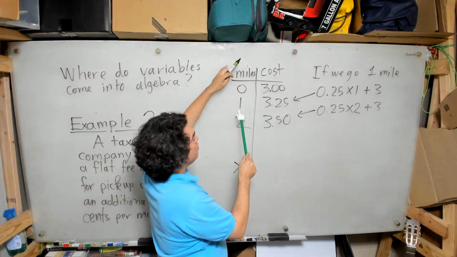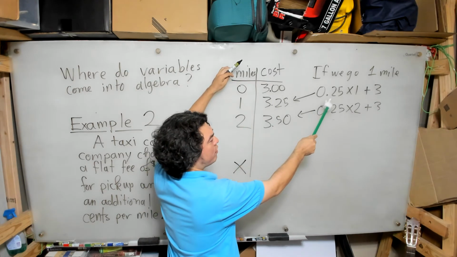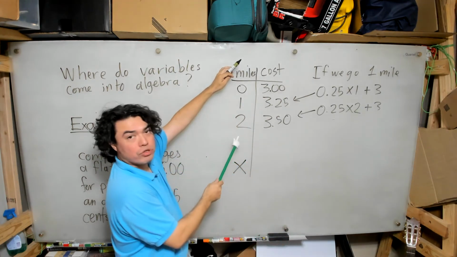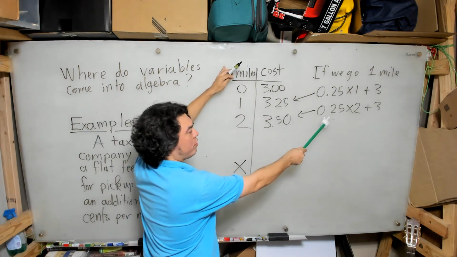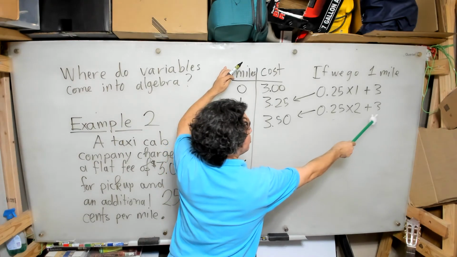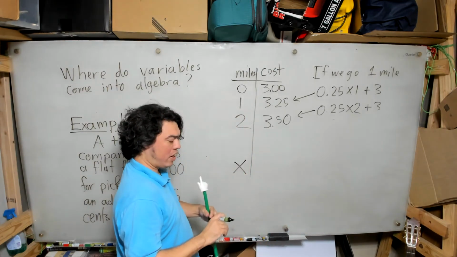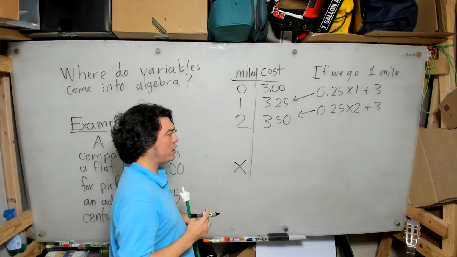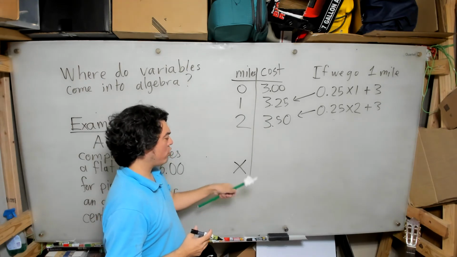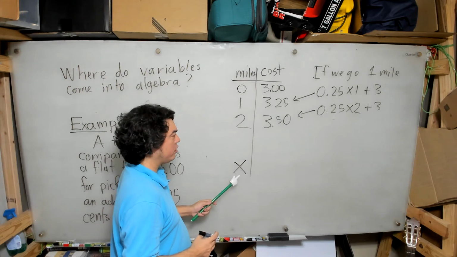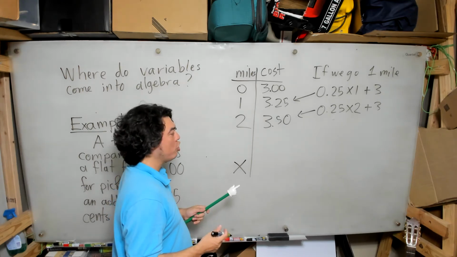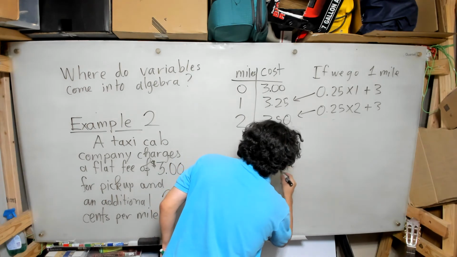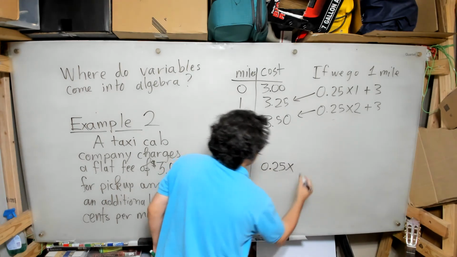For 1 mile, I had to do 0.25 times 1 plus 3. For 2 miles, I had to do 0.25 times 2 plus 3. And so I imagine now that it might not be too hard to accept that the expression for the cost of traveling X miles will be 0.25x plus 3.